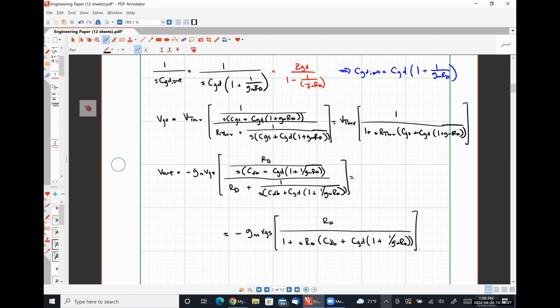How do we feel about that transfer function? So we're relating VGS to V out.